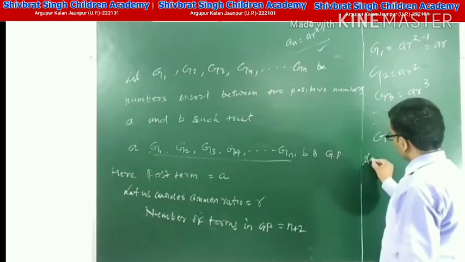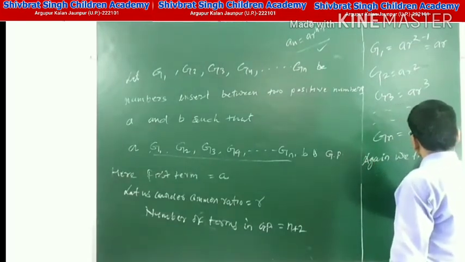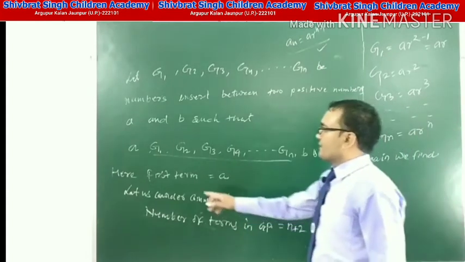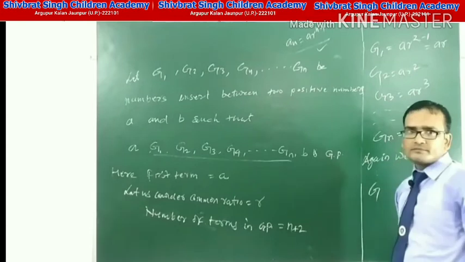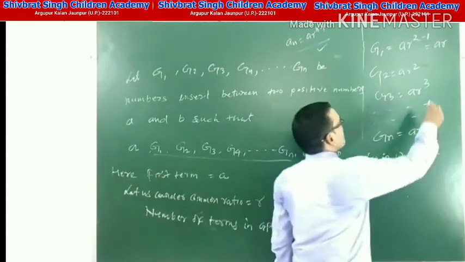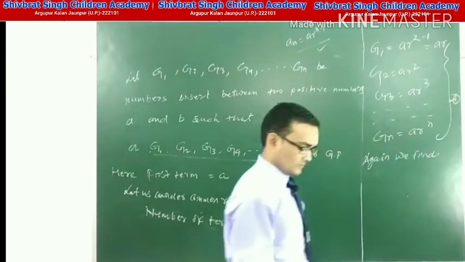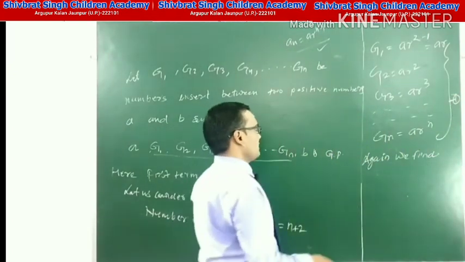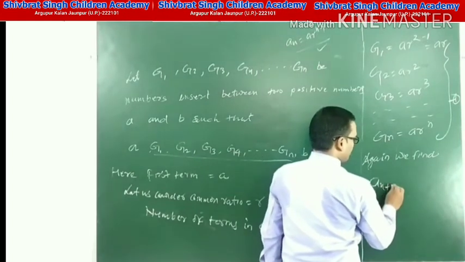Again, we find the last term of this GP, this is denoted by 1. Again, we find the value of the last term an plus 2.